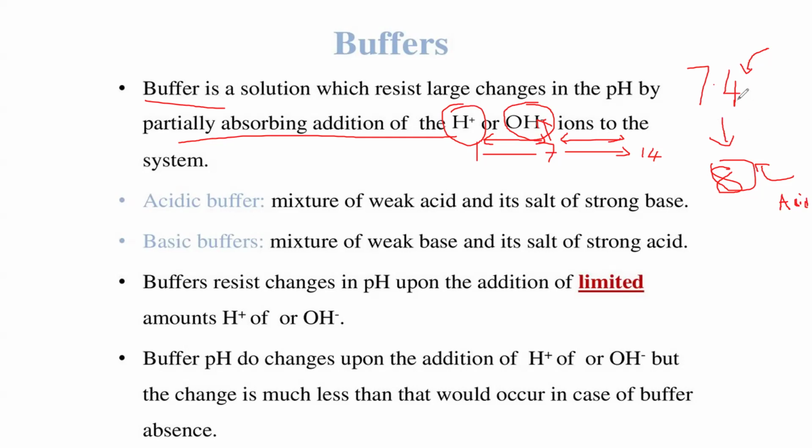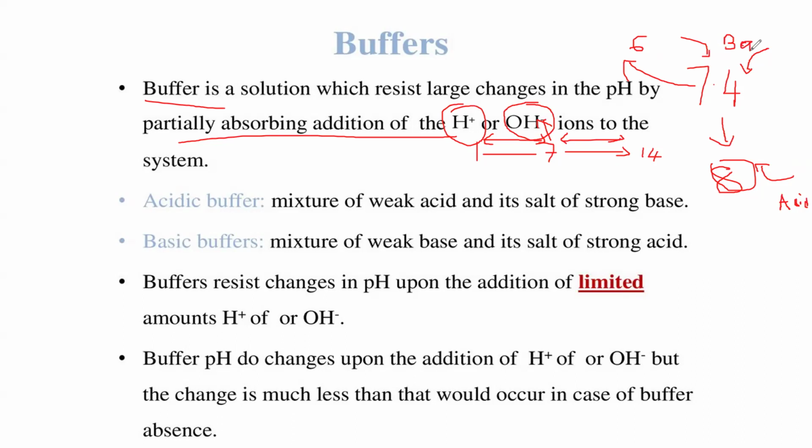And if, let's say, the pH is decreasing from 7.4 to 6, how do you bring it up? By adding a base. As you are adding a base, you are adding OH groups.